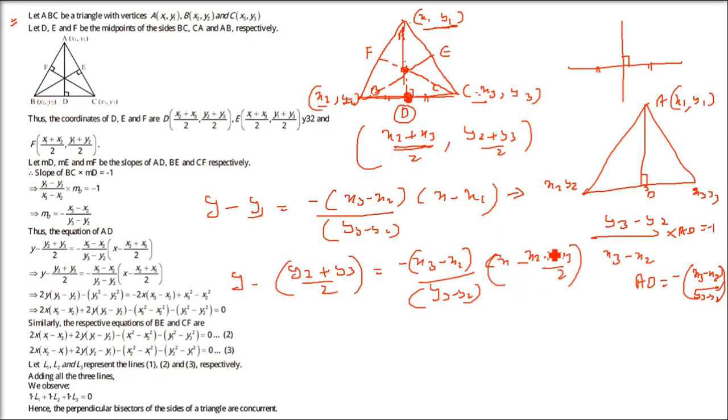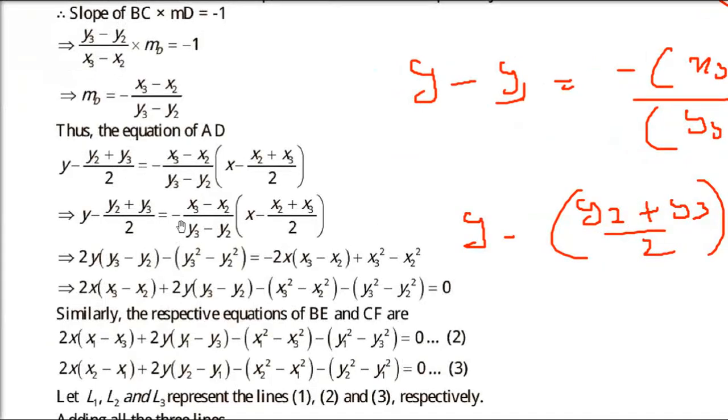Now we are going to solve it. I will not be solving it because it will take a lot of time. I'll just show you how we solve it and what the result is.